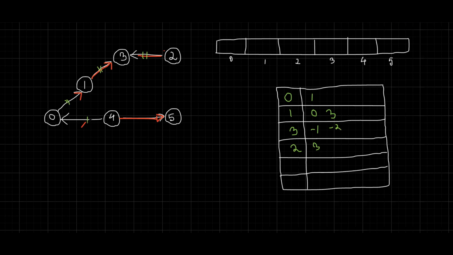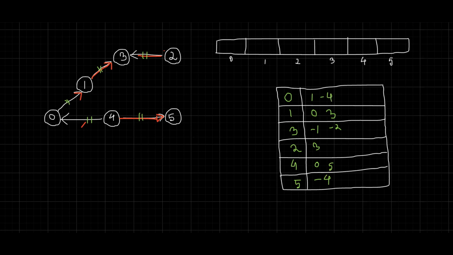Now, for this edge 4 to 0, we have to insert 0 in the adjacency list of 4, and we have to insert minus 4 in the adjacency list of 0. For this 4 to 5, we have to insert 5 in the adjacency list of 4, and we have to insert minus 4 in the adjacency list of 5. So far, we have built the adjacency list.